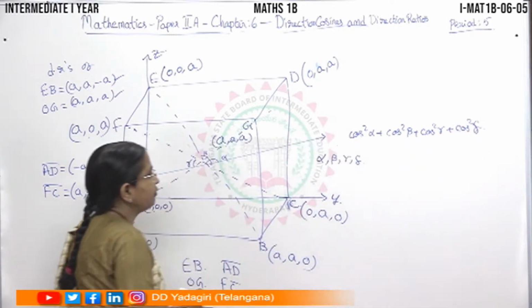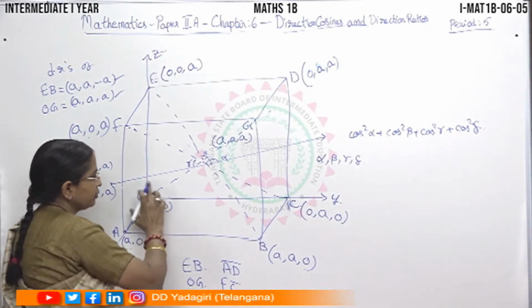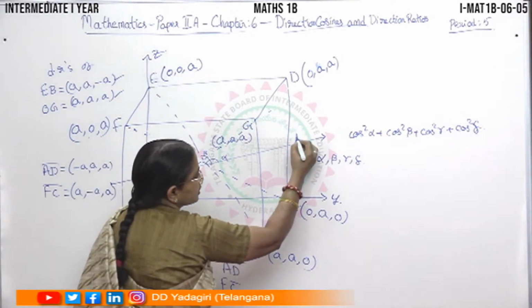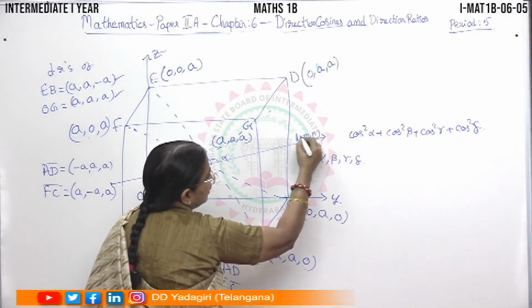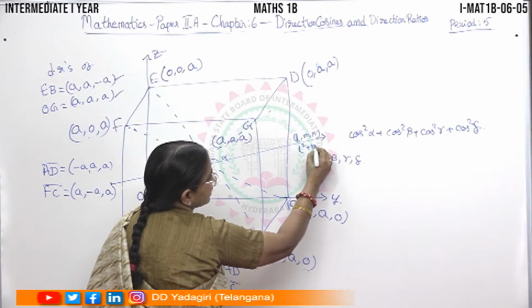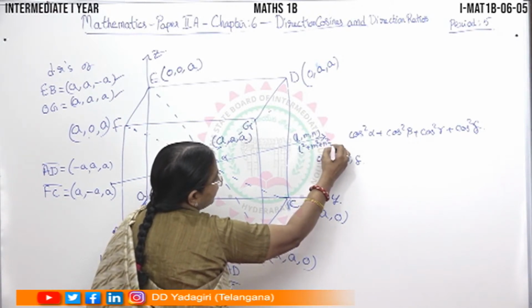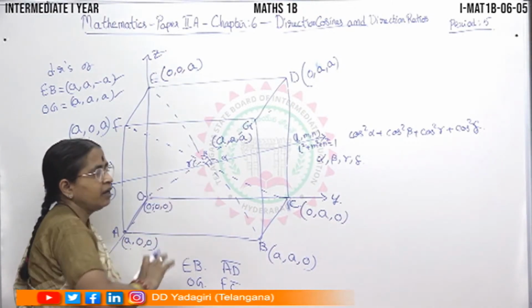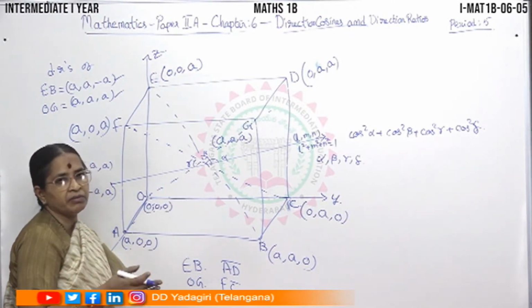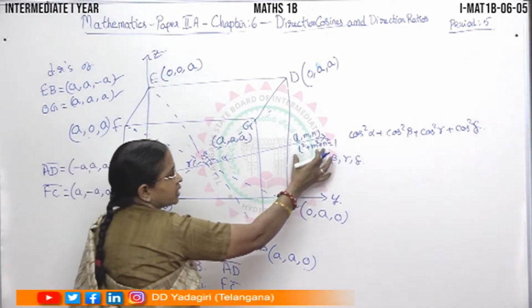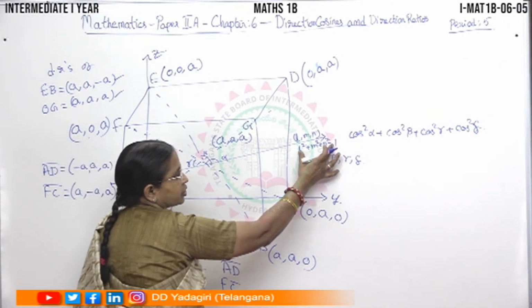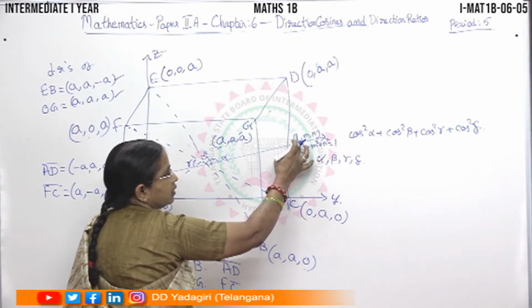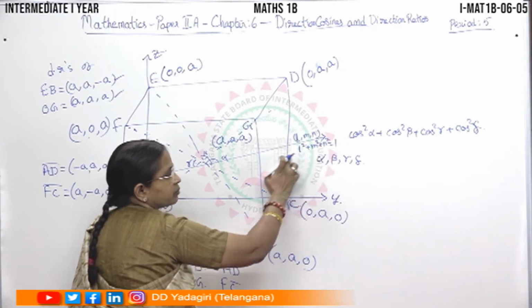So what we do, we'll use the cos theta formula. For this ray, we'll take the direction cosines. That will be easy because L square plus M square plus N square becomes 1. If we take the direction ratios of the ray as unknown values A1, B1, C1, they will not satisfy this condition. If we take direction cosines, then this value becomes 1.